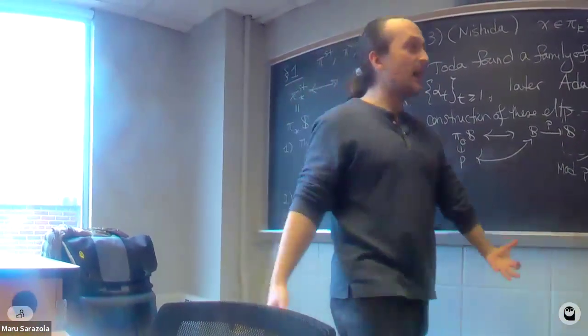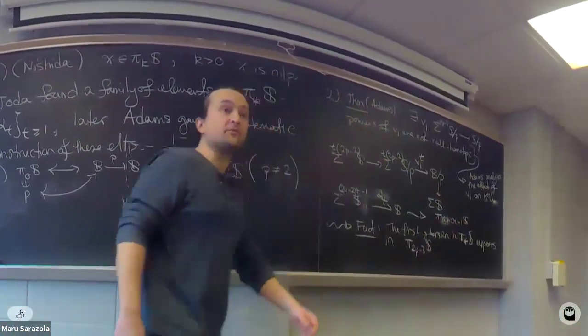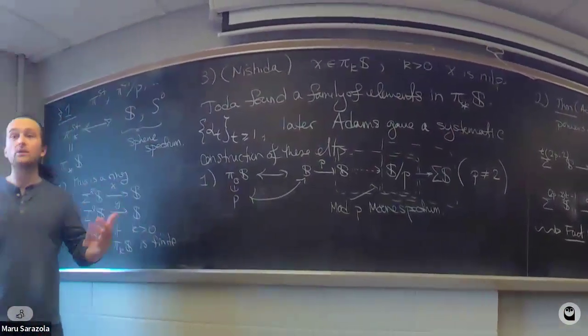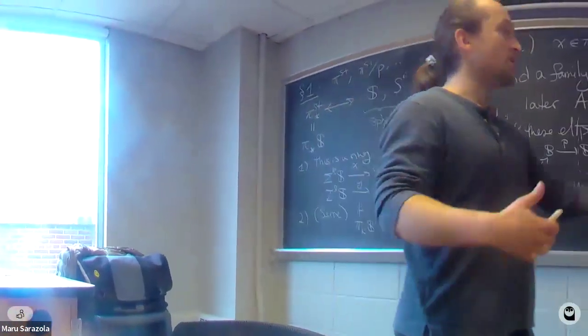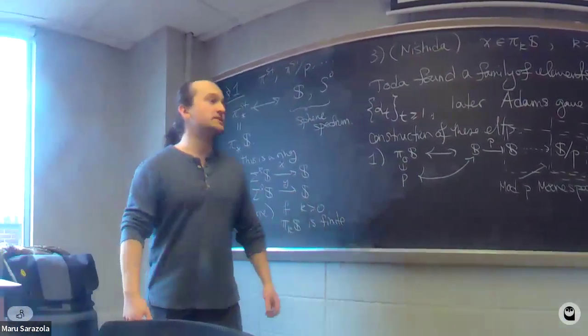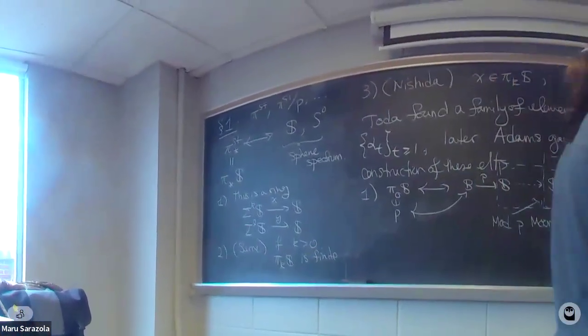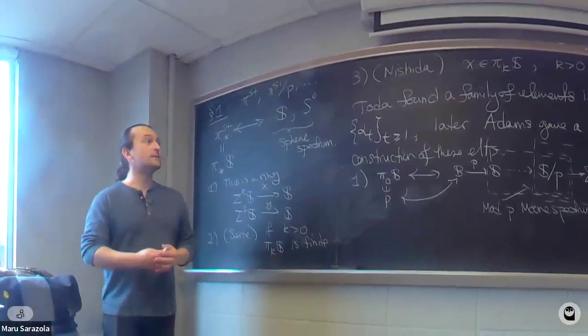And typically to do that, you have to work inside the Adams spectral sequence and execute some calculations to show that you're actually producing non-zero classes in the stable stems. And I really want to avoid talking about the Adams spectral sequence today as much as I can. So I'm going to try to do that.